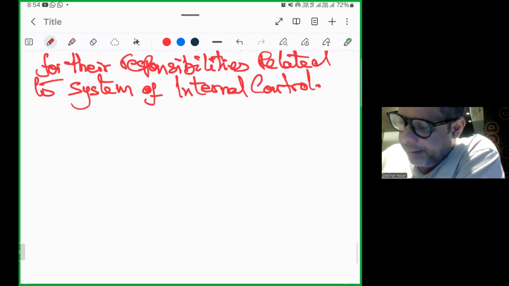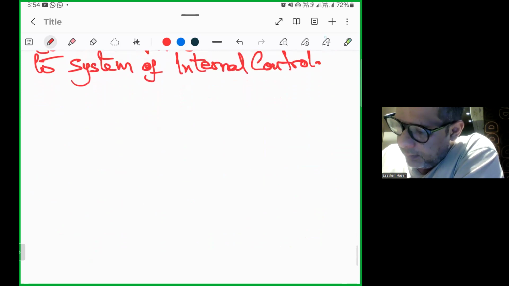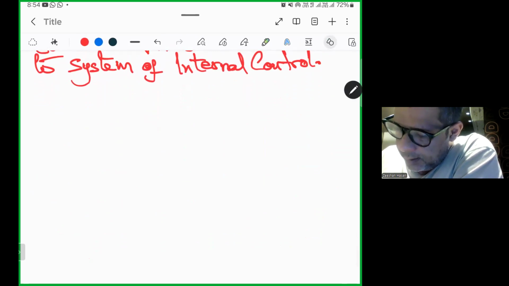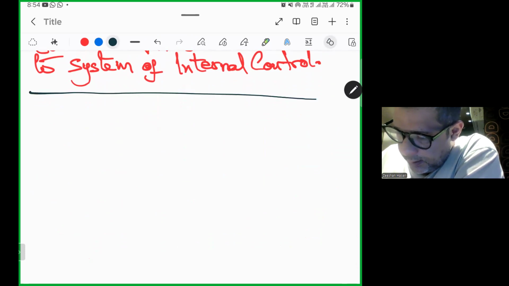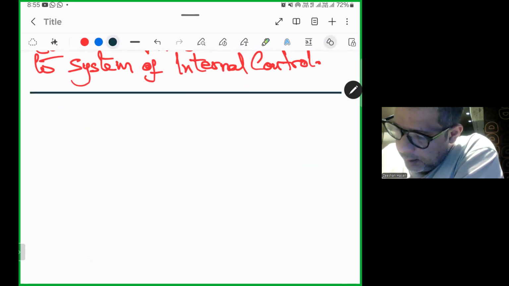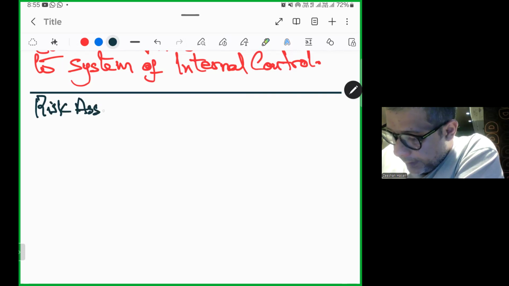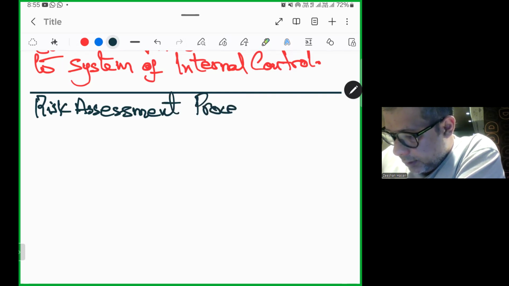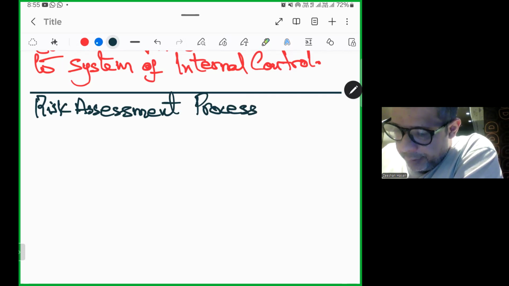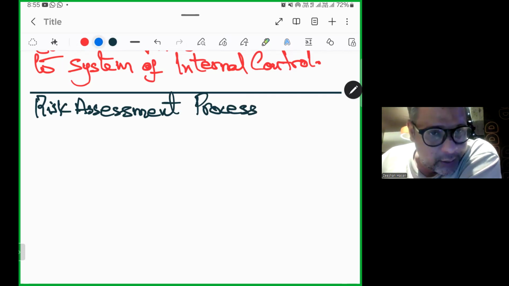Next is the risk assessment process. So, what is it?